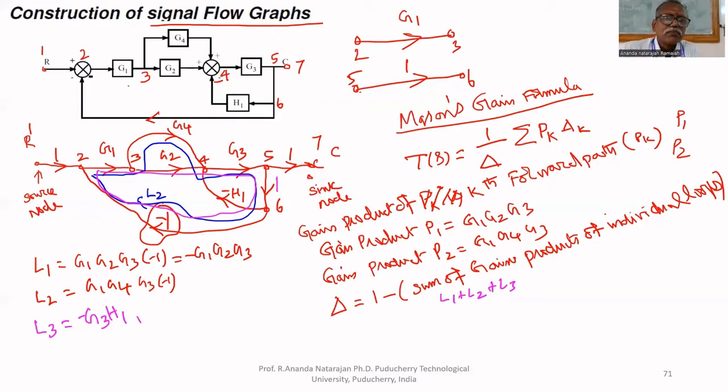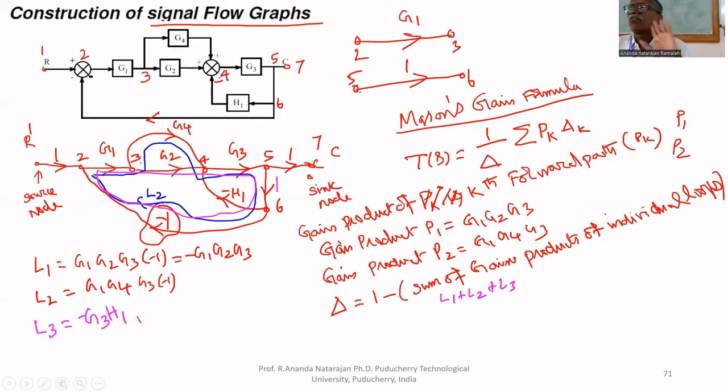This is not a loop. If I travel 3, G4, 4, G2, 3, it is not a loop. Why? The direction is not in favor of traveling. If you travel from 3 to 4 through G4, you are traveling as per direction. If you travel from 4 to 3, it is against direction. So you cannot travel.